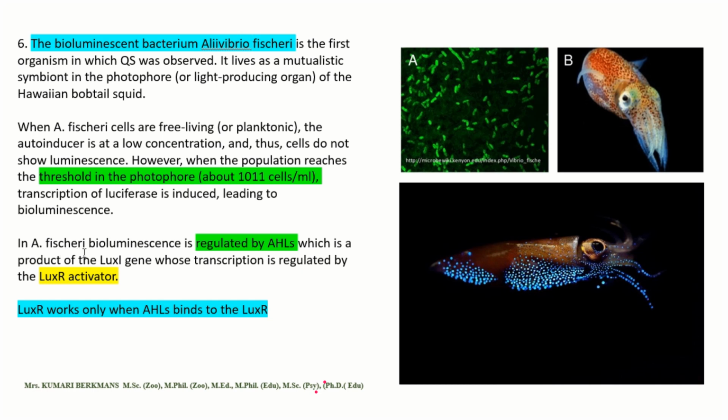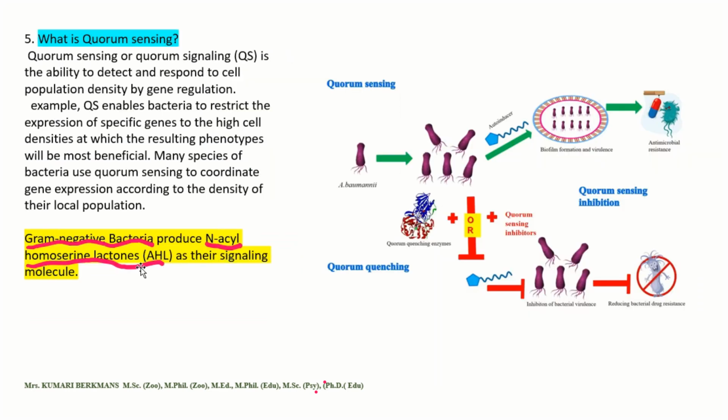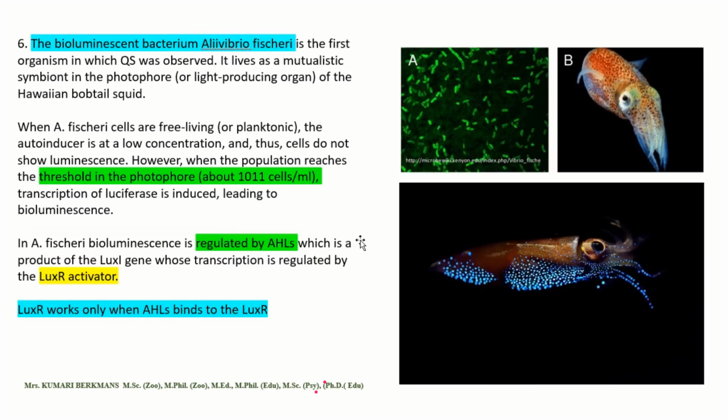Aliivibrio fischeri bioluminescence is regulated by AHLs. I told you already what AHL is: N-acyl homoserine lactones, which is a product of the LuxI gene, whose transcription is regulated by the LuxR activator.